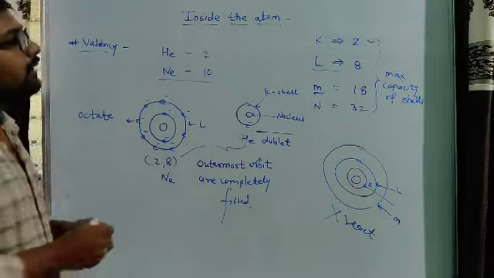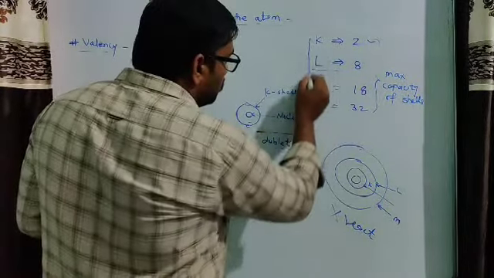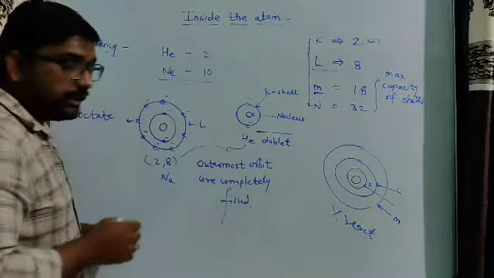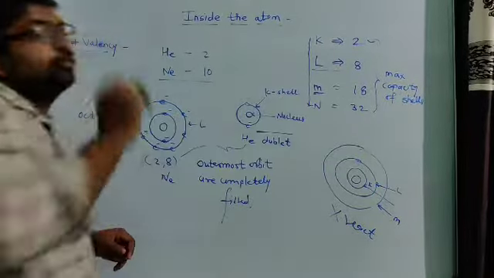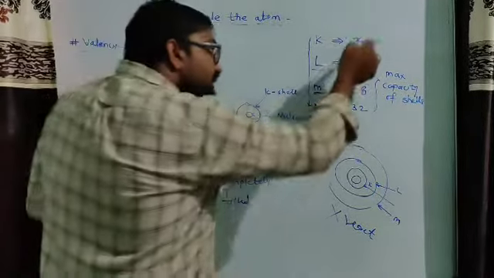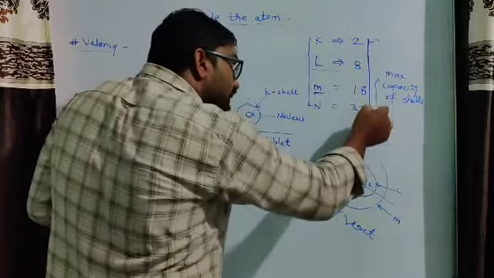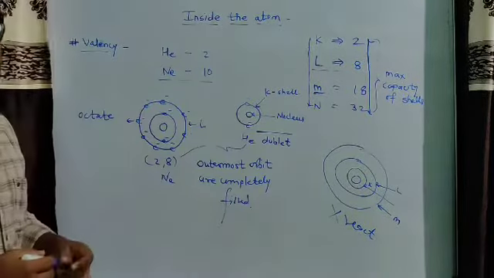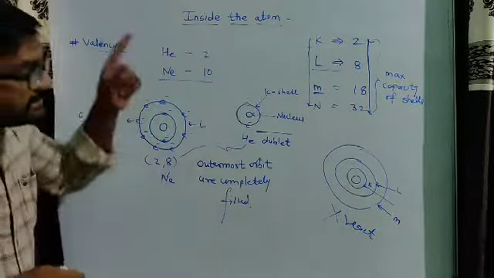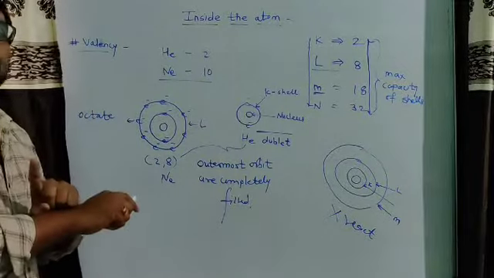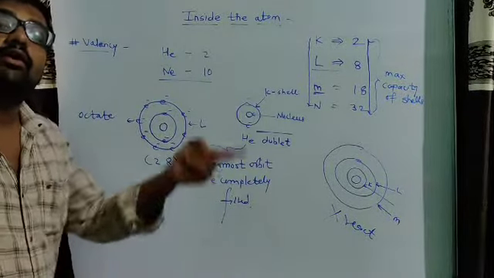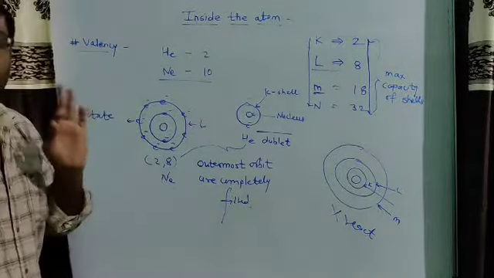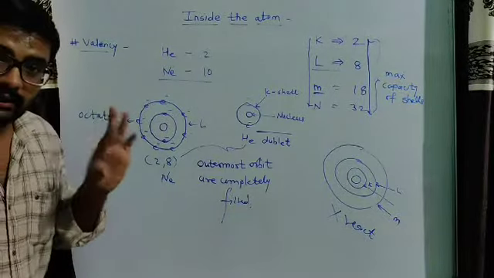If these are the outermost shells and they are completely filled, then such an element does not react with any other element. Okay, that thing we have to clearly understand.